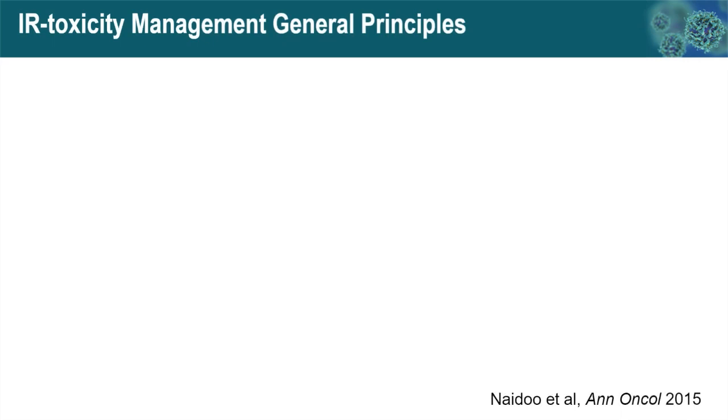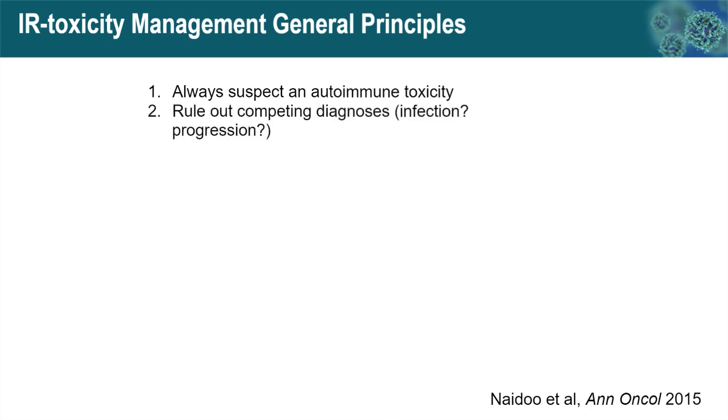Firstly, there are some general principles when it comes to the management of immune-related toxicity. First of all, to always suspect an autoimmune toxicity and include an autoimmune toxicity in one's differential diagnosis. Second, to make sure to rule out common competing diagnoses that may be common to patients with cancers, such as intercurrent infections or progression of the patient's known cancer.